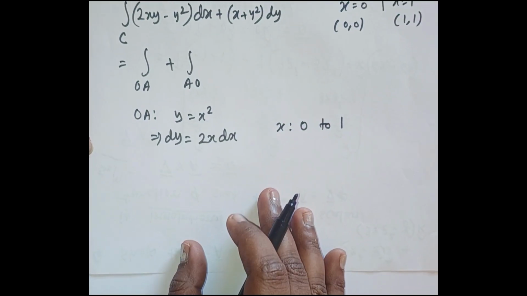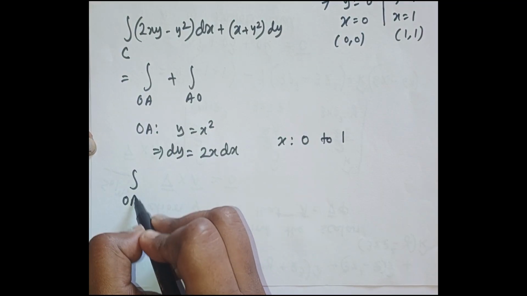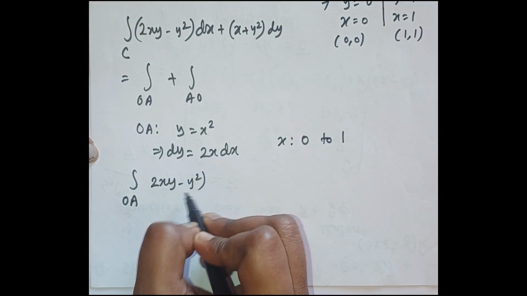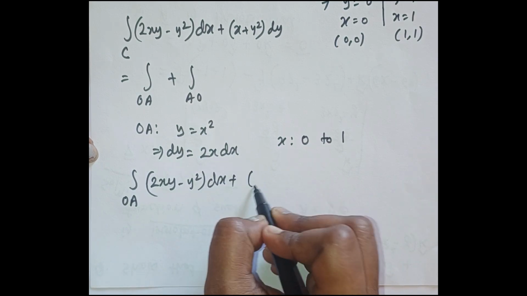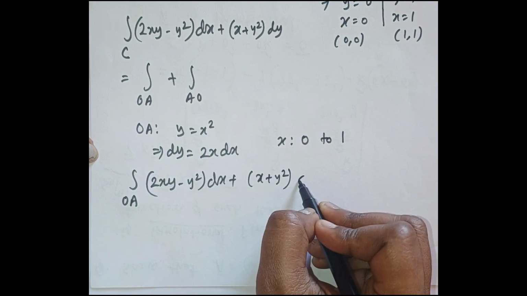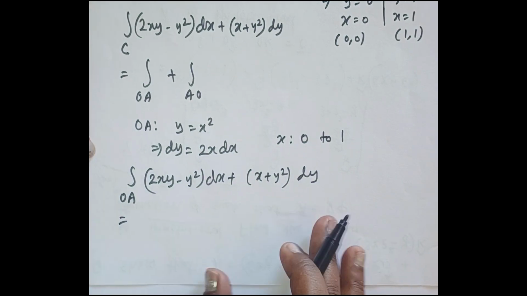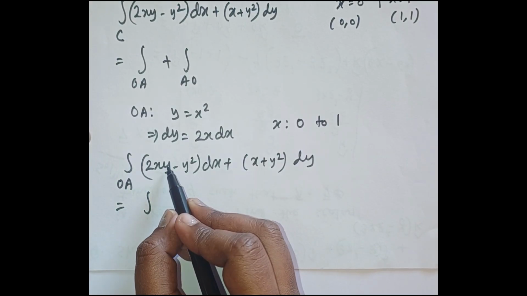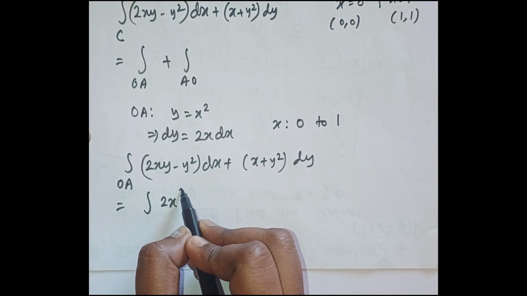Hence, if you write the integration over OA of (2xy minus y square) dx plus (x plus y square) dy, then we have to substitute the values y equals x square and dy equals 2x dx.